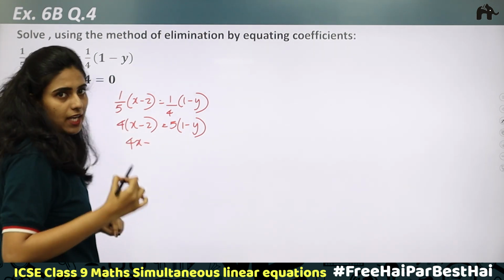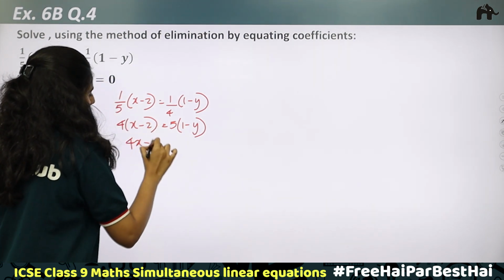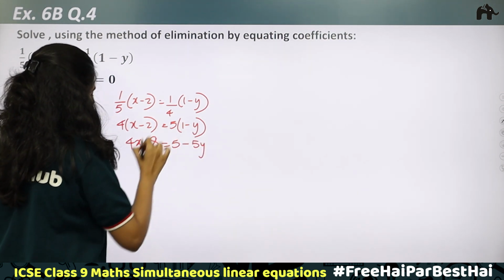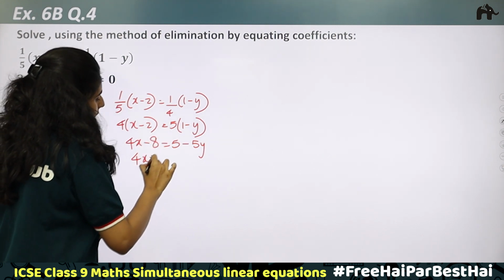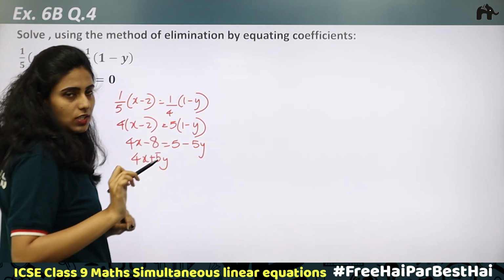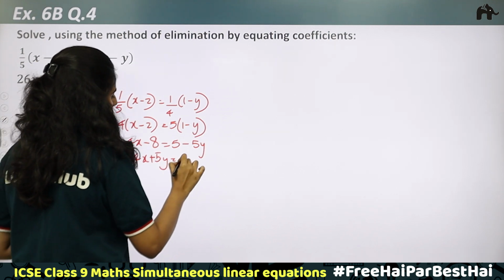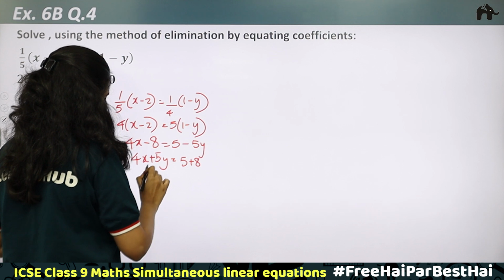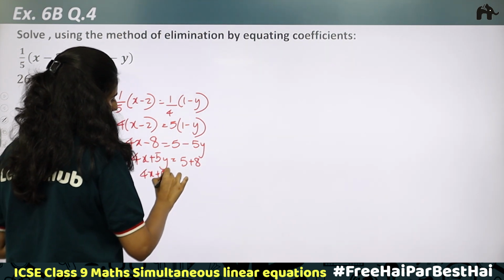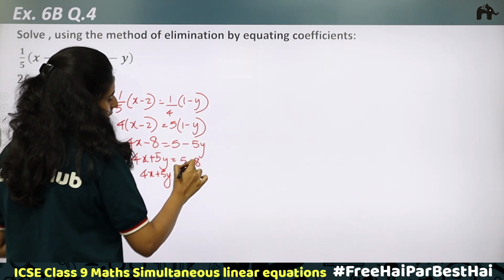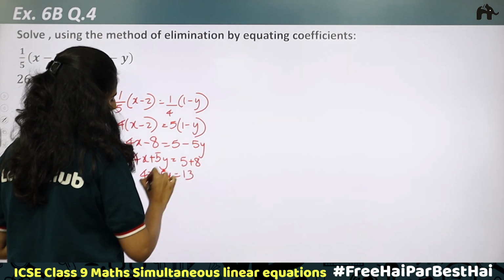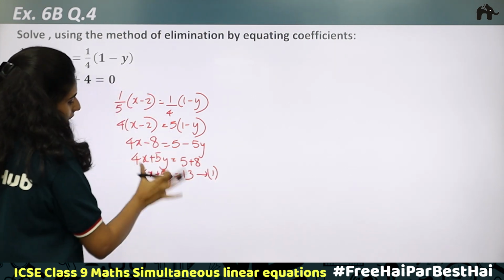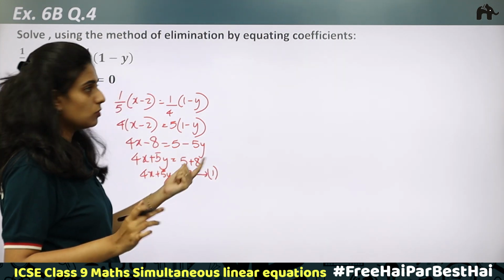Removing the brackets and multiplying, 4x minus 8 is equal to 5 minus 5y, or 4x plus 5y, minus 5y is taken to the left hand side, plus 5y is equal to 5 plus 8, minus 8 is taken so it becomes plus 8, or 4x plus 5y is equal to 8 plus 5, that is 30. So this is the first equation. First equation we have rearranged and made in the form 4x plus 5y is equal to 30.